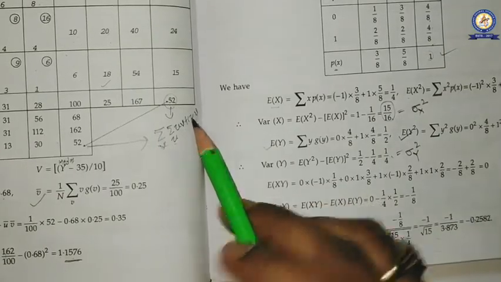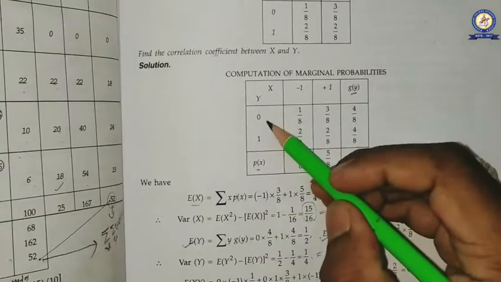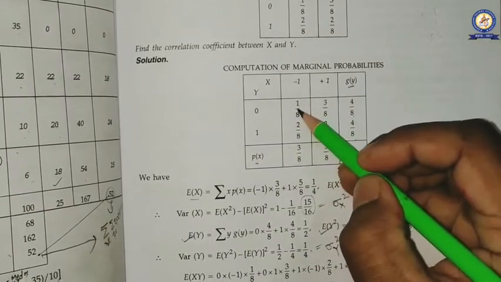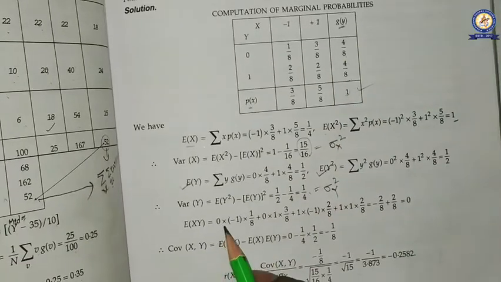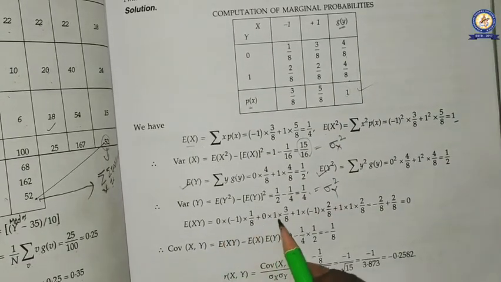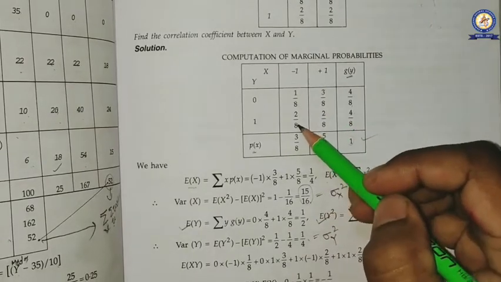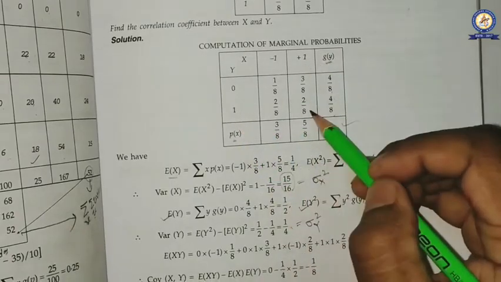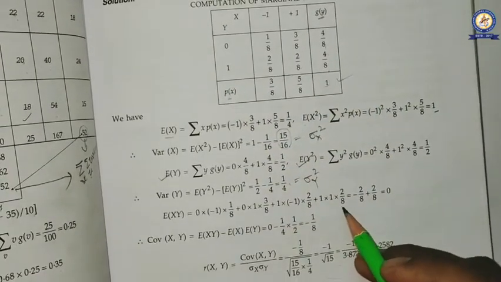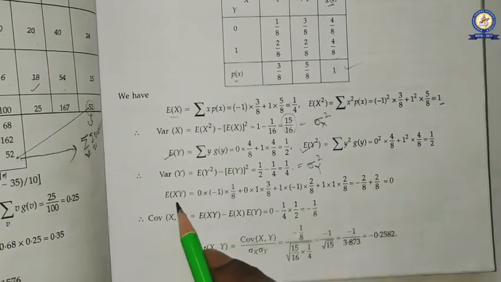So the expectation of xy will be: 0 minus 1 into 1 by 8, plus 0 1 into 3 by 8, then 1 into minus 1 into 2 by 8, then 1 plus 1 into 2 by 8. If I add all the terms, we are going to get 0. So the expectation of xy we found is 0.